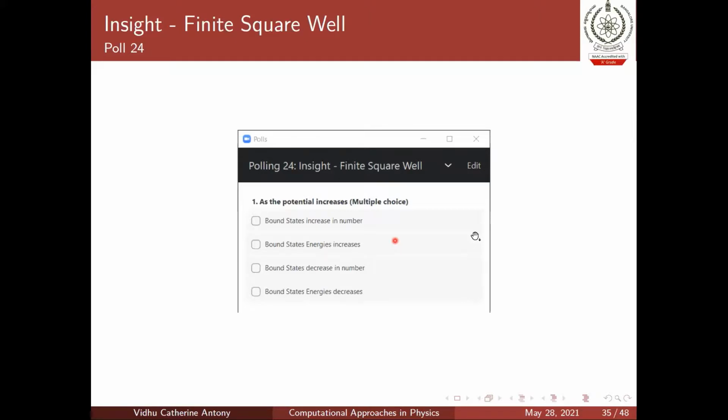Somebody said the bound state energy decreases. You have 30 seconds left. Why are you guys not voting? More than half of you haven't voted yet. 15 seconds left.